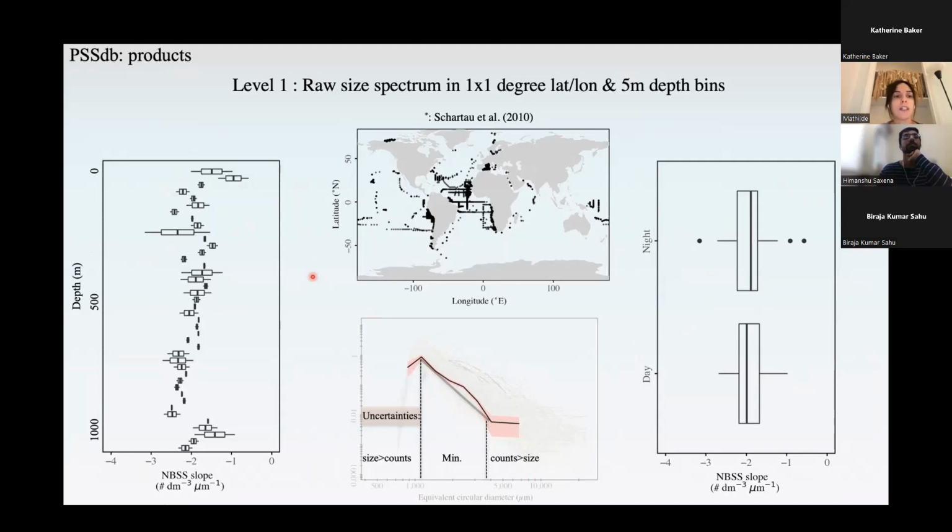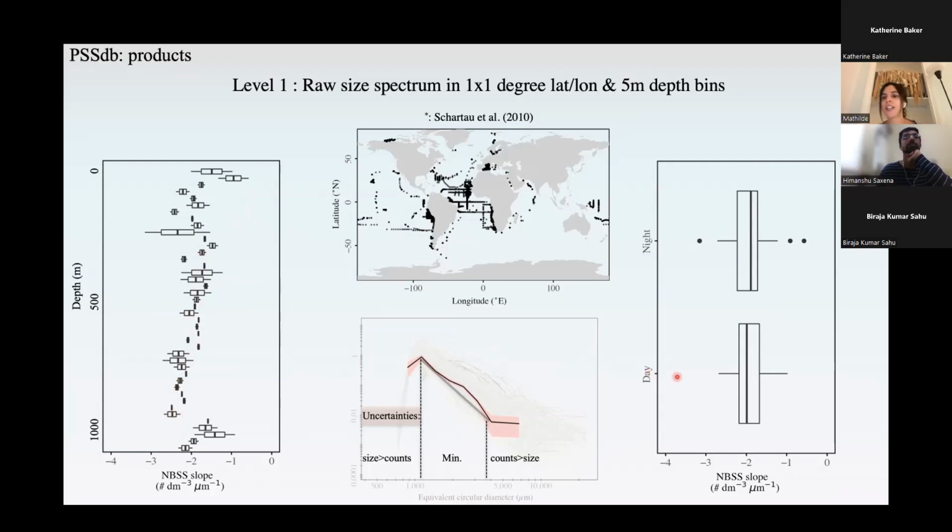So here is illustrated the difference of the slope of UVP profiles, but since it's all UVP profiles, it's hard to see a pattern of the slope, although I would argue that I see the slope getting steeper, which could be linked to particle fragmentation with depth.